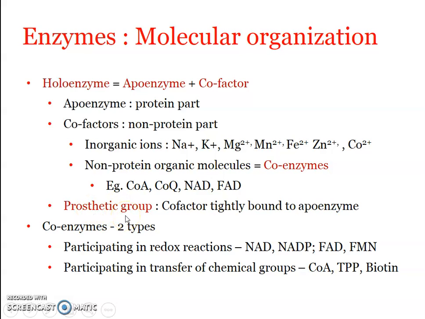We cannot separate it. When we speak about lactate dehydrogenase, lactate and NAD come together for the reaction to be possible. Lactate dehydrogenase is an enzyme which requires NAD to oxidize the lactic acid.